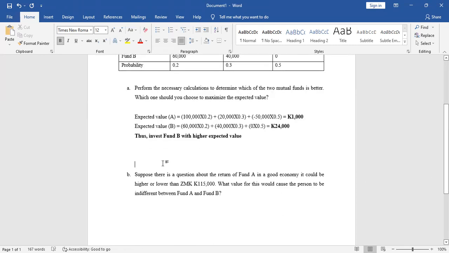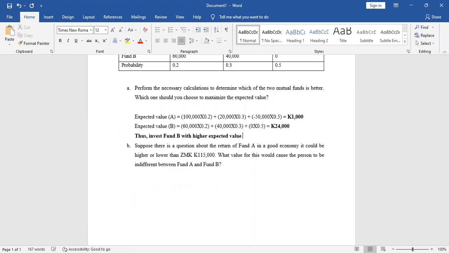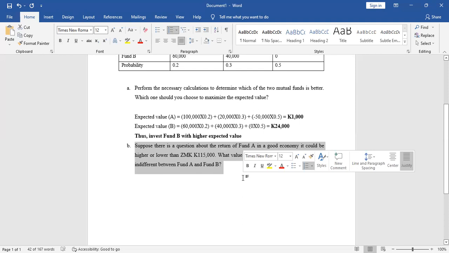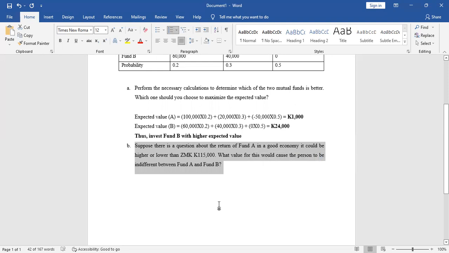Let's look at the B part of the question. Suppose there is a question about the return of Fund A in a good economy. It could be higher or lower than 115,000 Zambian kwacha. What value for this would cause the person to be indifferent between Fund A and Fund B?